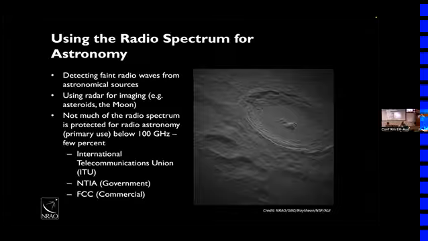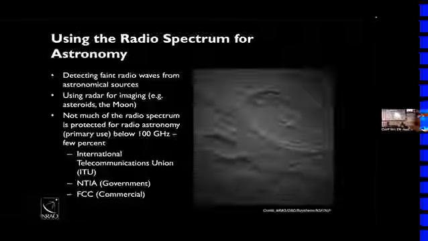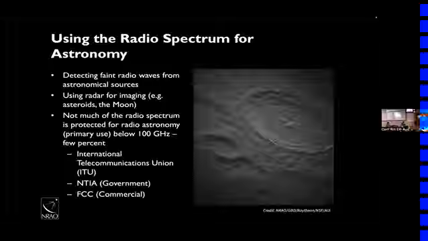And then those rules, which are set every 4 years at something called the World Radio Congress, go to the national level, and then they're implemented at the national level. So you might have heard of the NTIA, which manages spectrum for government uses, like military, for example, and then the FCC, which governs commercial uses.